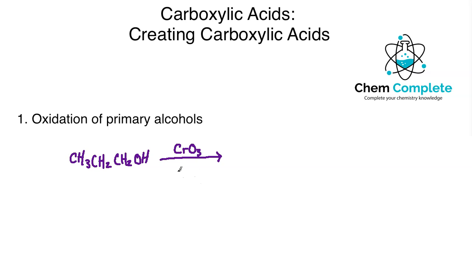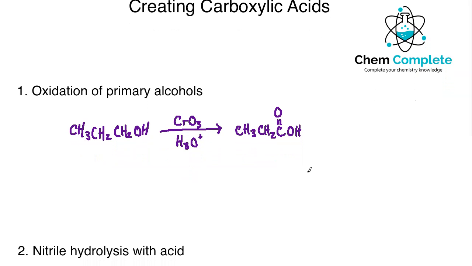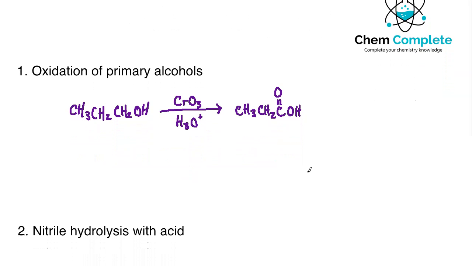And you utilize this in acidic conditions, so H3O+ is very common to find present as well. And if you allow that to react, what you will end up with is that the carbon that contains the alcohol, so that third carbon over there on the propanol, is going to become the new carboxylic acid carbonyl group, and you now have propanoic acid instead of propanol. So that is one of the ways that we can create carboxylic acids.